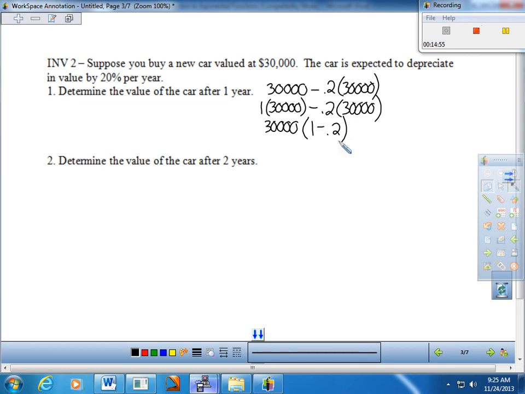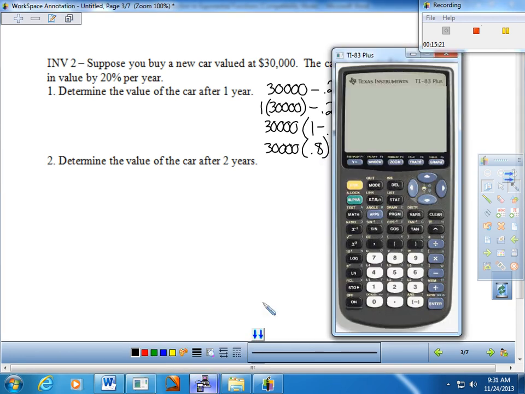Wonderful. I think we've got some things working really well here. So how about 30,000? And instead of 1 minus 0.2, well, 1 minus 0.2 would be 0.8. Super. Well, I'm going to do that calculation from above and just make sure that it does coincide with this calculation right there. But it should, and I hope obviously that makes pretty good sense.